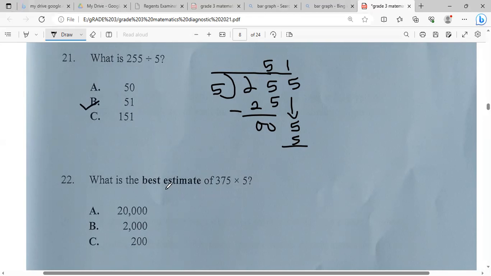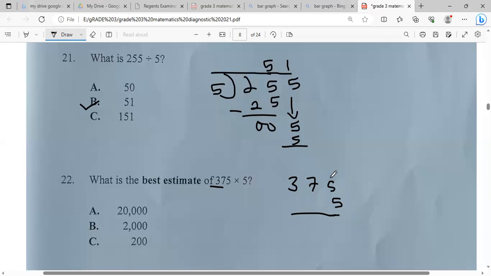What is the best estimate of 375 times 5? Now we can just multiply it instead of doing the estimate. Or we could have said, 300 times 5, that's 1500, plus another 5. You understand? You get about 1800 or something. But let's just do the actual thing.